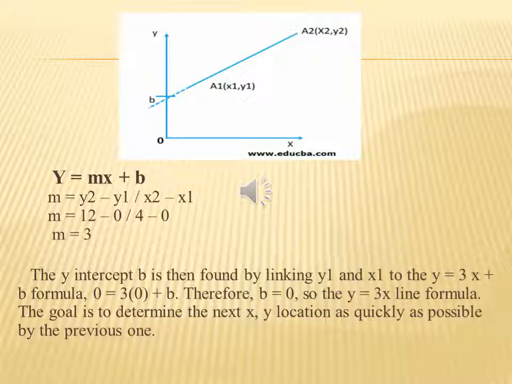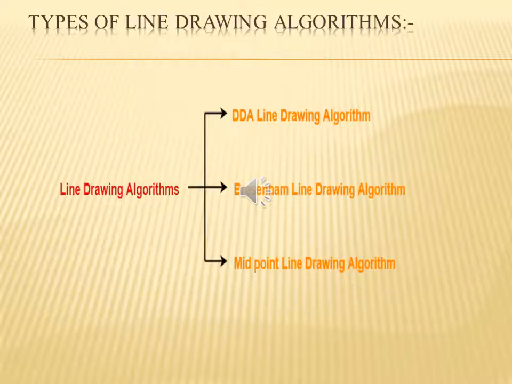And the y-intercept b is then found by substituting y1 and x1 into y = 3x + b. These are the formulas: 0 = 3(0) + b, where the x value is 0.